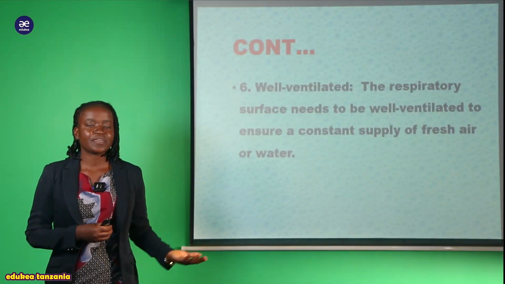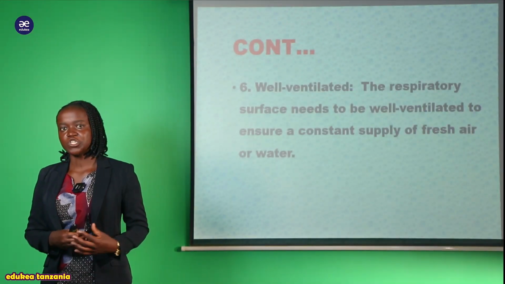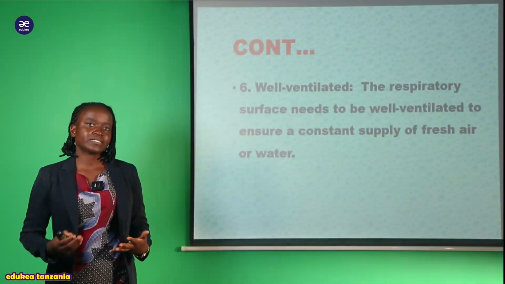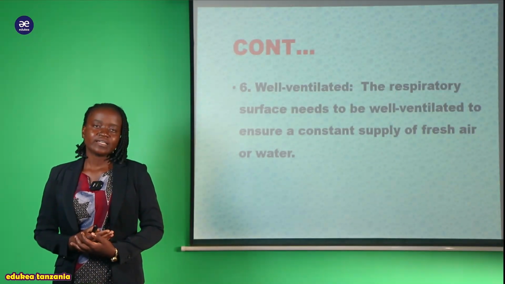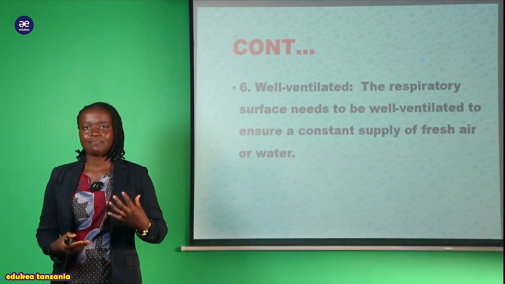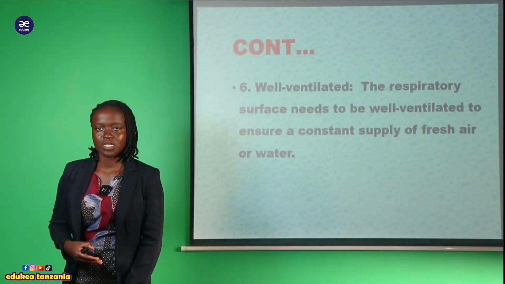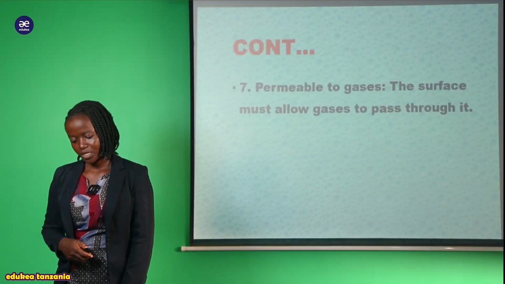For example, in the gills now in the fish. So now it is well ventilated, whereby it allows water to enter in that place, and whereby the gills tend to take the oxygen, thereby the oxygen is used by the body.